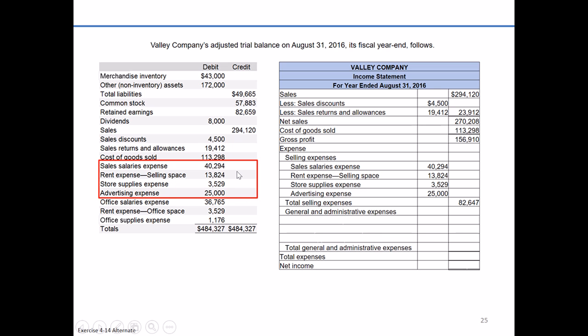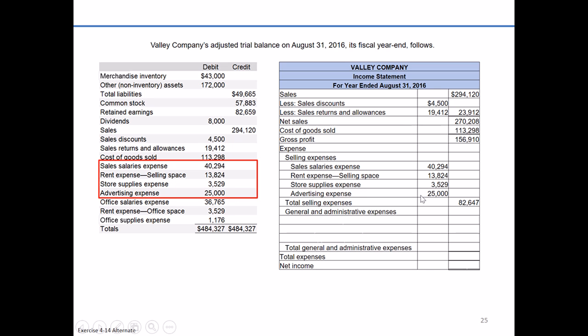If we look at our listing of various expenses, the items that fall within there are salaries, sales salaries expense of $40,294, rent expense of our selling space. It's got to be particular to our selling space of $13,824. Various store supplies expenses of $3,529, and also advertising expense of $25,000.